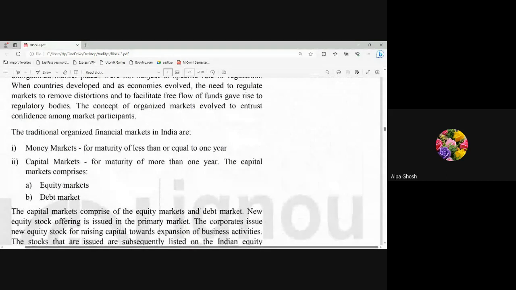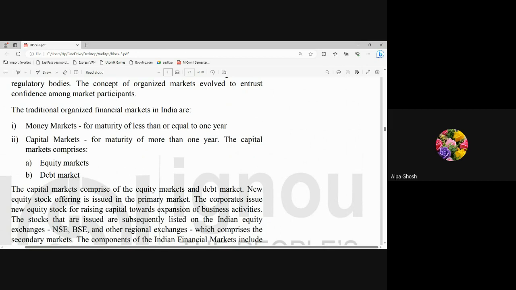The sources of finance are categorized on the basis of money market and capital market. The sources which are available in the money market and the sources which are available in the capital market. In the money market, I already explained, it is maturity less than or equal to 1 year and capital market more than 1 year.